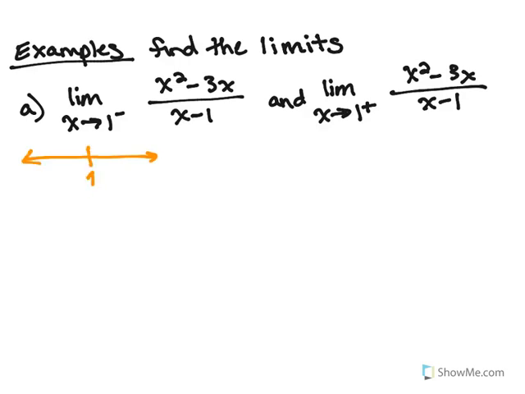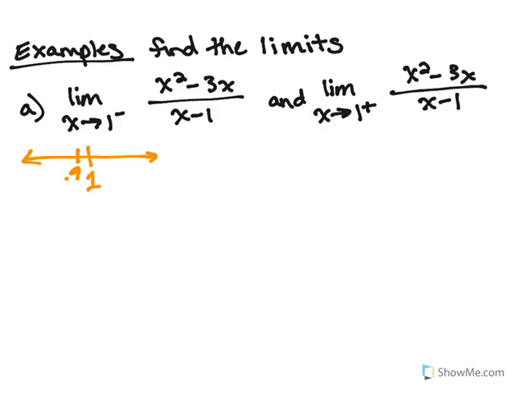A little bit to the left of 1, let's say 0.9. Now you can type that into your calculator in this function and see if you get a positive or a negative answer. Again, you got to know how to use your calculator.